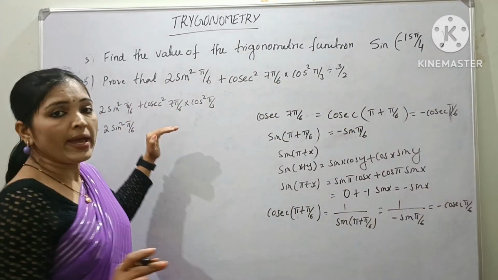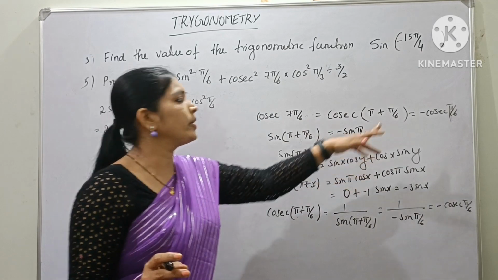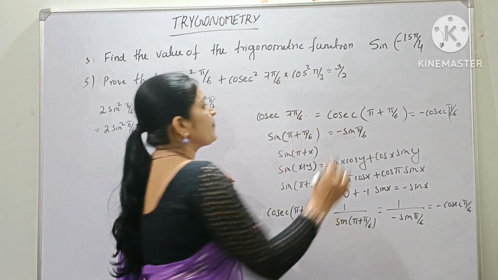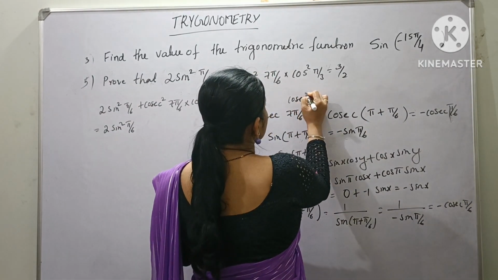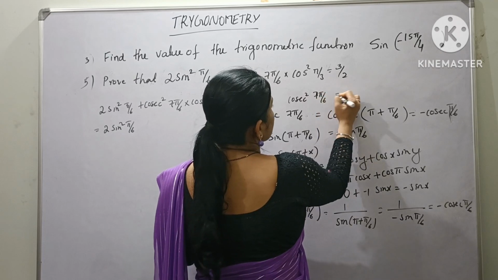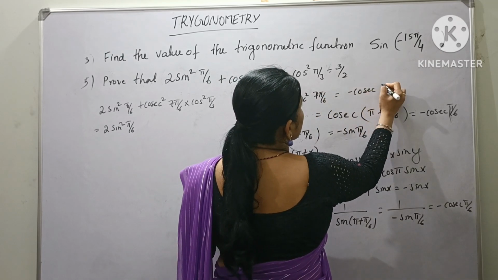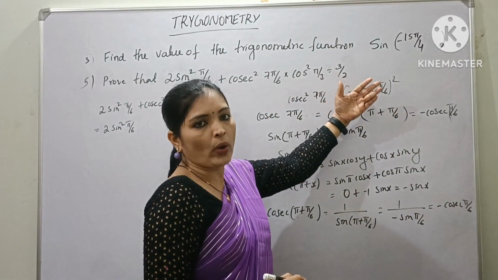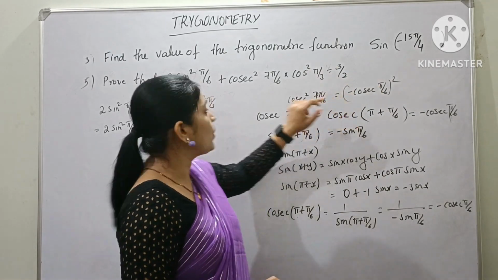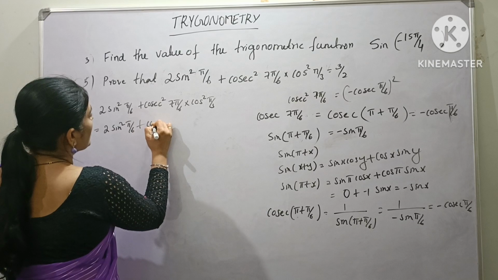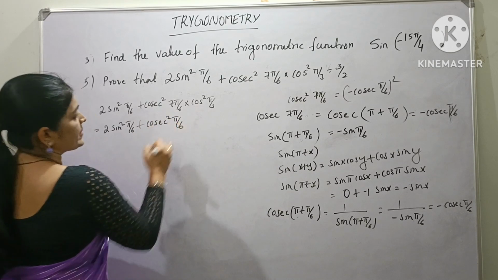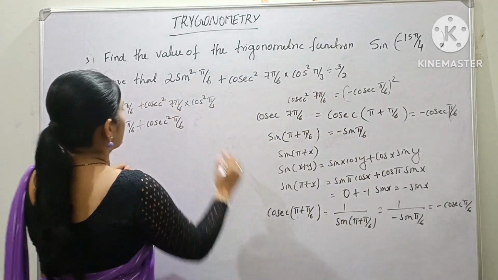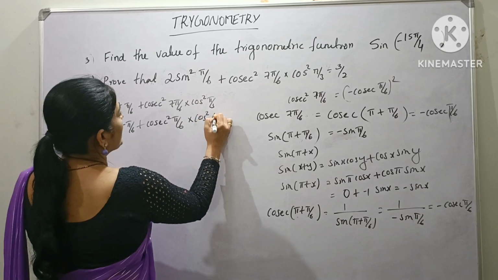Then what is cosec square 7 pi by 6? Take its square, so it will become plus. Cosec square 7 pi by 6 is equal to minus cosec pi by 6 whole square. Isn't it? It's a square, so the minus will be plus. Okay, so here it is nothing but cosec square pi by 6 into cos square pi by 3.